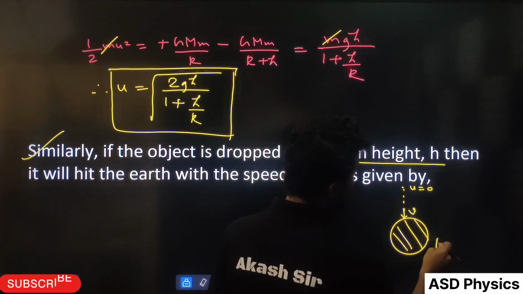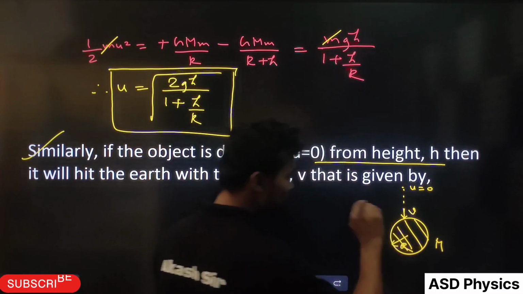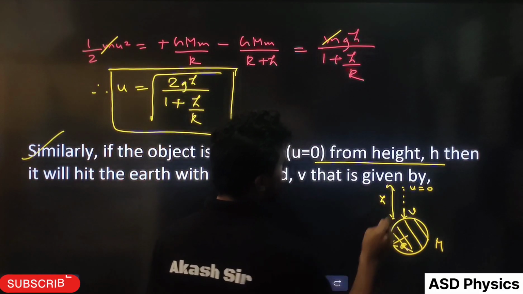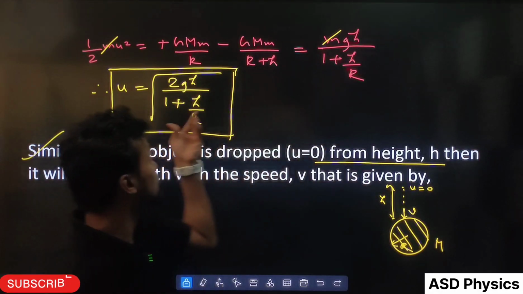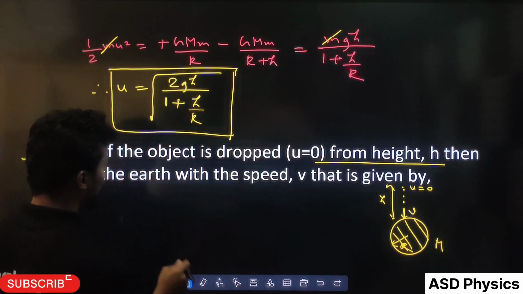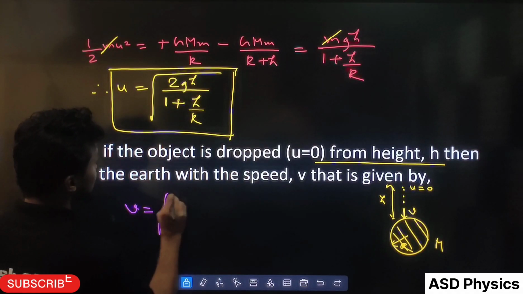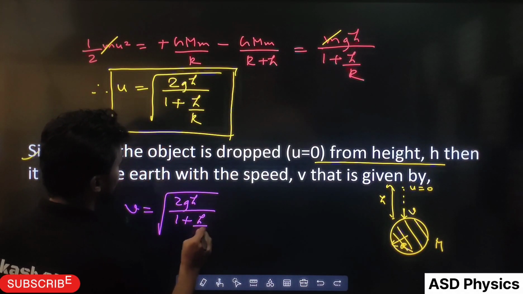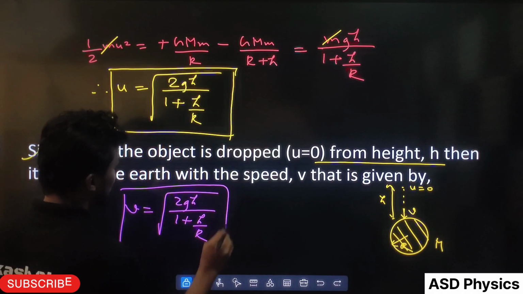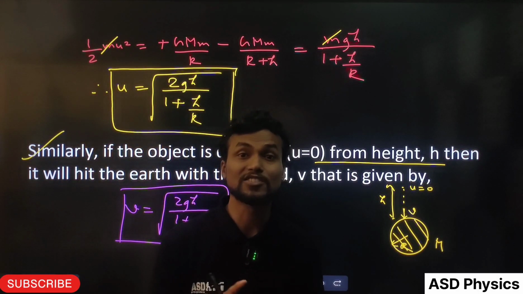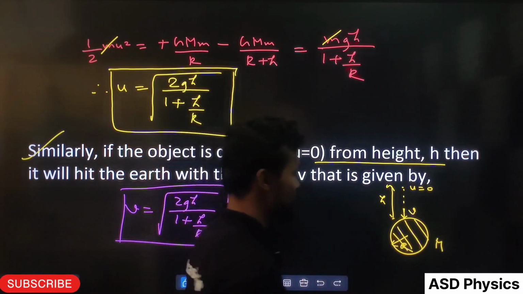In the reverse way also the same thing will happen, so the value of v will be root of 2gh by 1 plus h by R, because in the absence of any air resistance, ascent and descent are very similar situations.